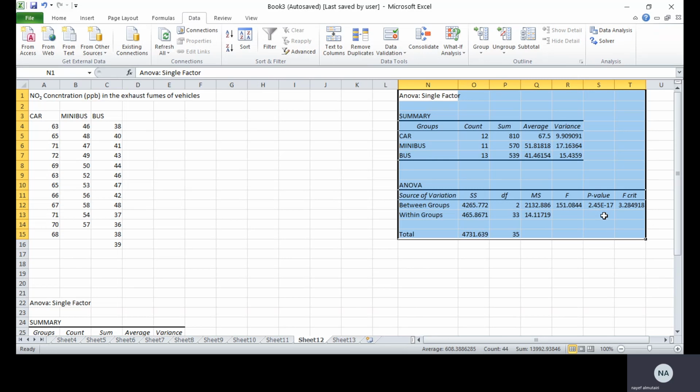And now let's look at the F. The F statistic is 151, higher than F critical, 3.3, which confirms that the differences between the three columns, car NO2 versus minibus NO2 and bus, are all statistically significant.